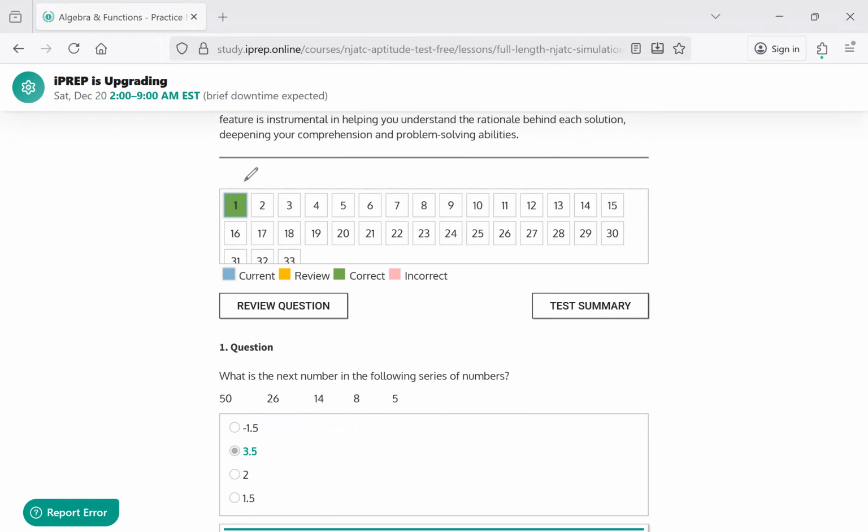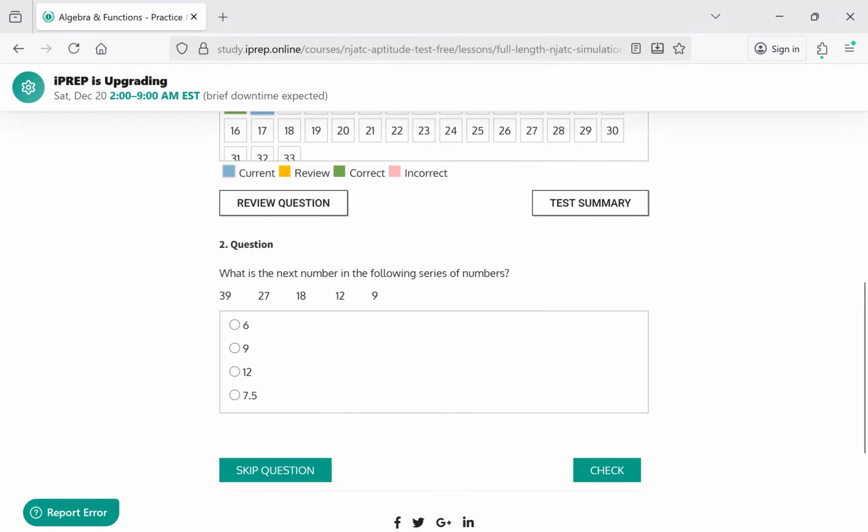Question two says, what is the next number in the following series of numbers? So we're dealing with sequences. Our first number is 39, then 27, 18, 12, and 9. Let's see if we have a common difference. From 39 to 27, you had to subtract 12.